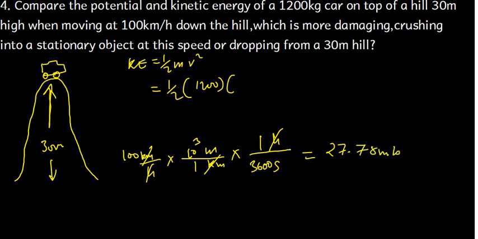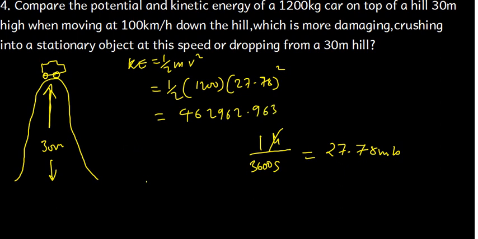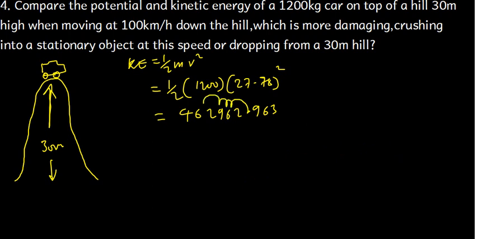That is the one we are going to use here. 27.78 squared, times 1200, then divided by 2, is 462,962.963, which I can also write in standard form. I move the decimal point 1, 2, 3, 4, 5, so that becomes 4.6 times 10 to the power 5 joules.